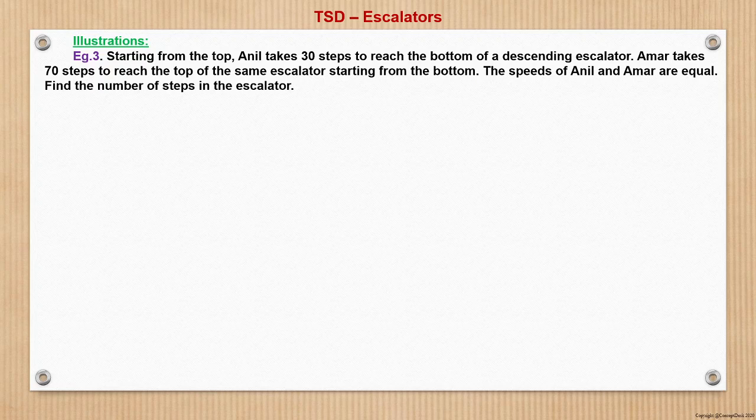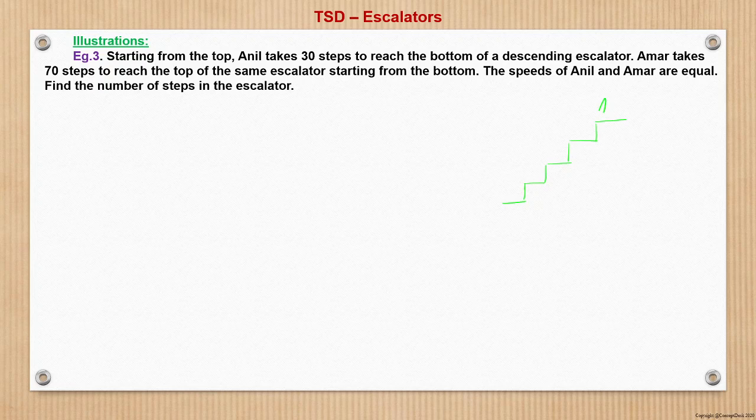It's also similar. Anil takes 30 steps to reach the bottom of a descending escalator starting from the top. Amar takes 70 steps to reach the top of the same escalator starting from the bottom. The speeds of Anil and Amar are equal. Find the number of steps in the escalator. So let us see what this question means. This is an escalator.